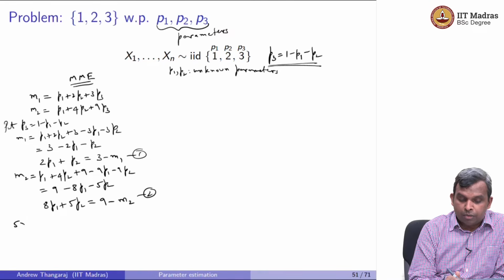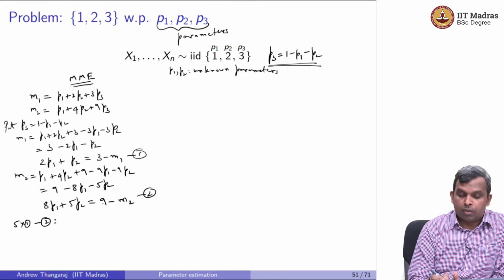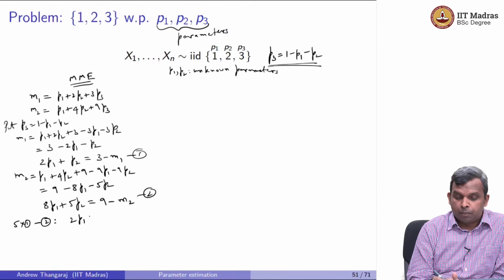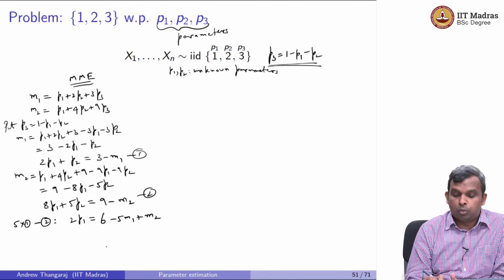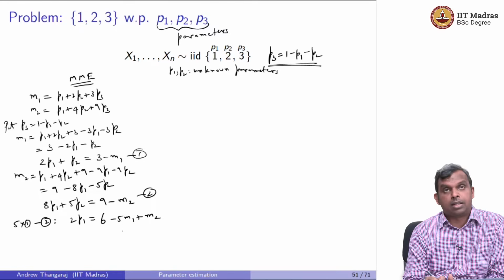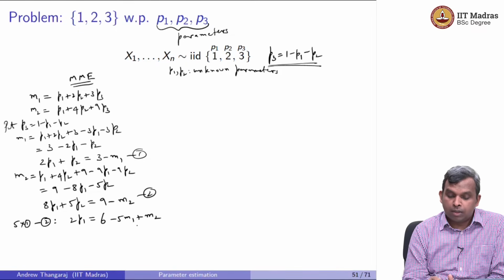You can do 5 times 1 minus 2. This will give you 2P1 equals 5 times 15 minus 5M1 minus 9. So that's 6 minus 5M1 plus M2. Oh no, yeah, plus M2. That's correct. Okay. So this is what it is.